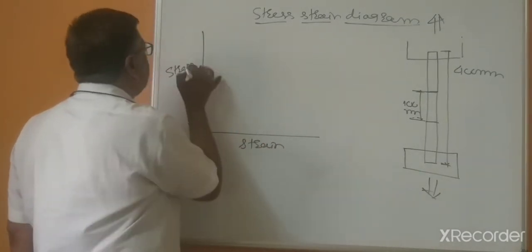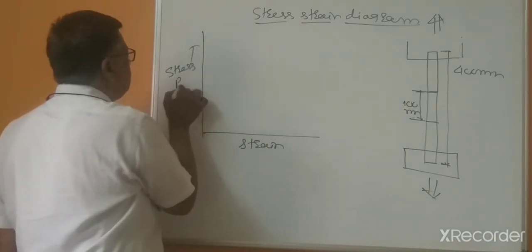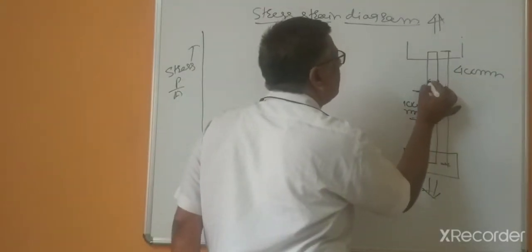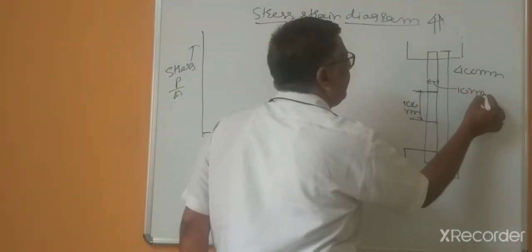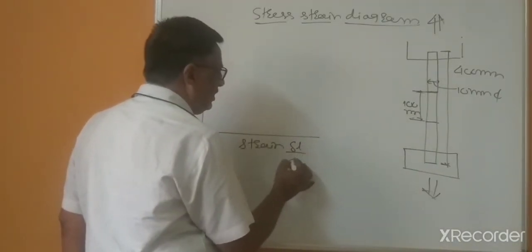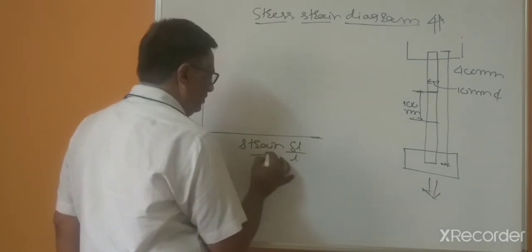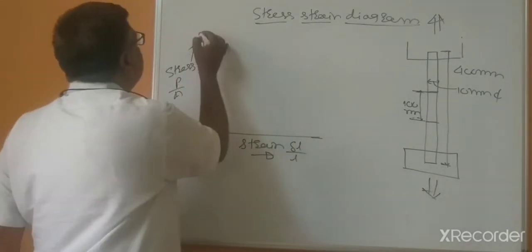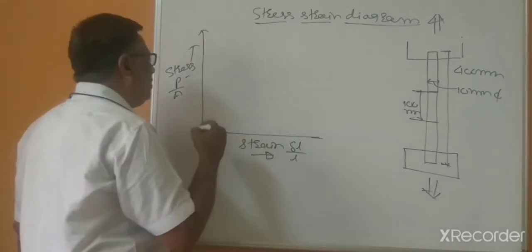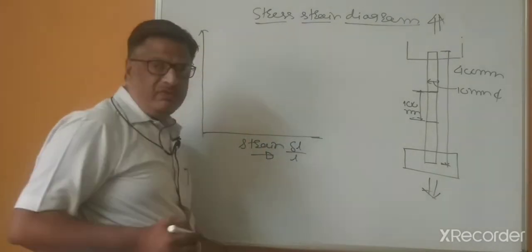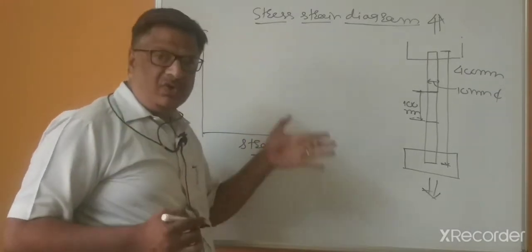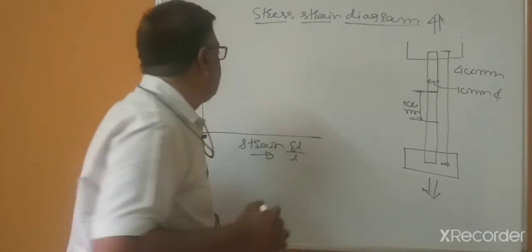Here stress is nothing but P, the load, divided by the area of cross section. Suppose the diameter is 10 mm, and strain is equal to delta L by L. On the y axis stress is considered, on the x axis strain, and we plot this graph while gradually applying loads. Suppose we start with 2 kilonewtons, 4 kilonewtons, 6 kilonewtons, continuously up to 300 kilonewtons.